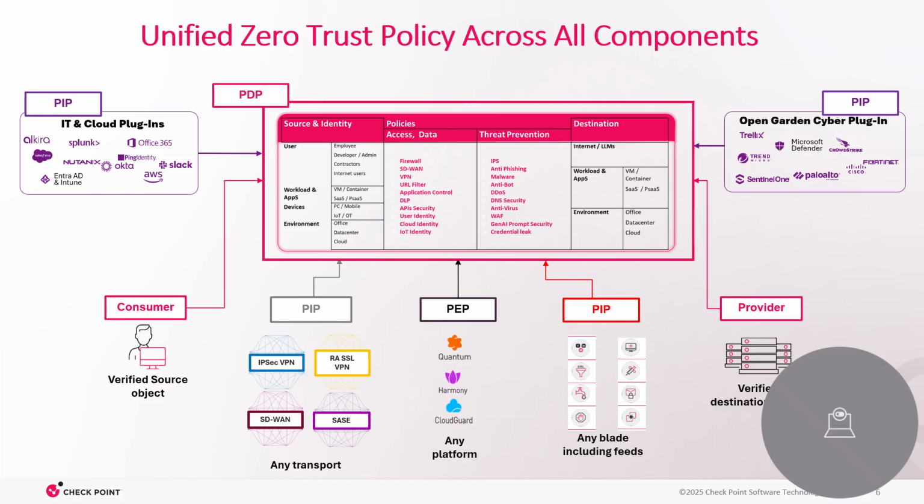From there, this is really going to go into the nitty-gritty of how this works. From left to right, we have users that want to go all the way on the right to a destination, whether it is an LLM or internet or any kind of different environments, SaaS, PaaS, you name it.